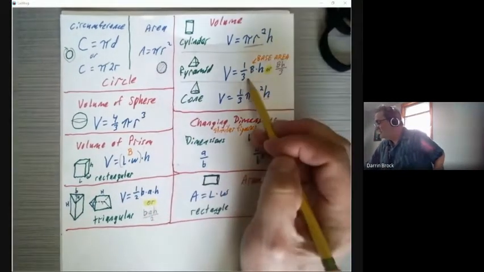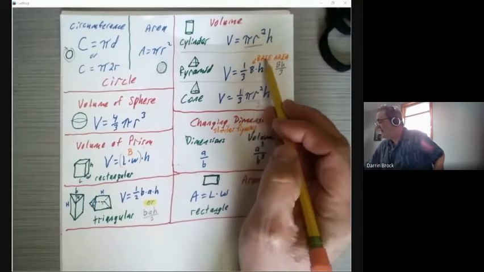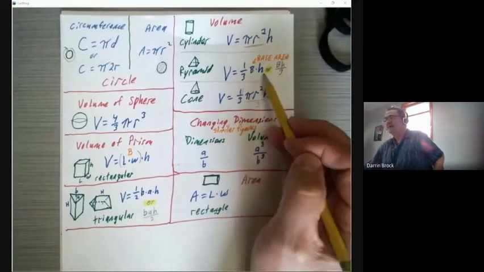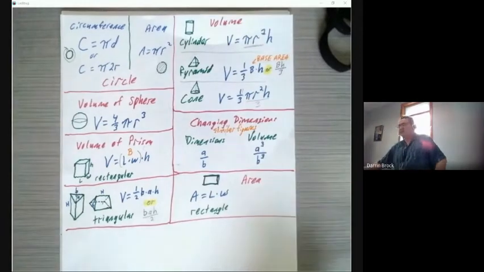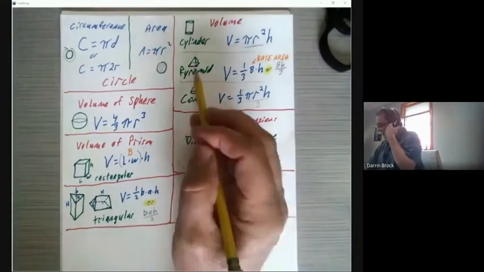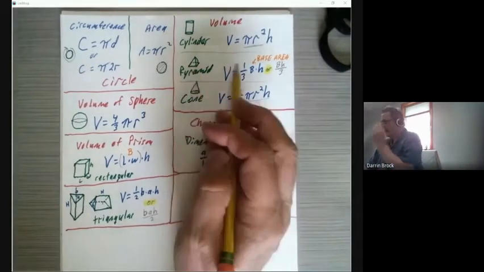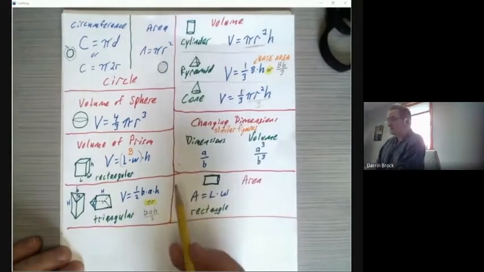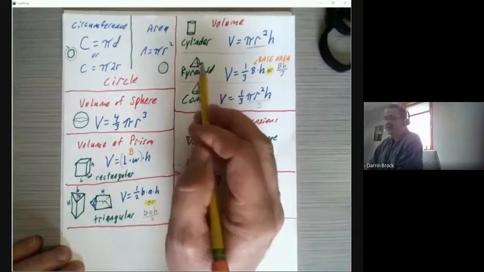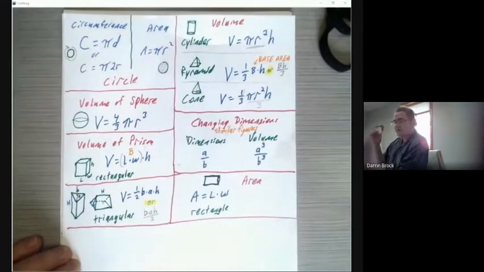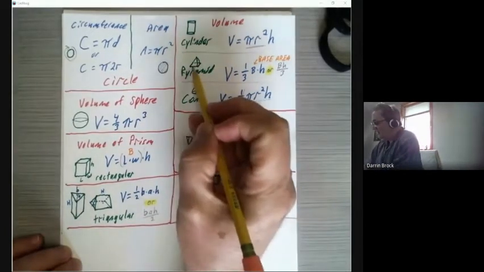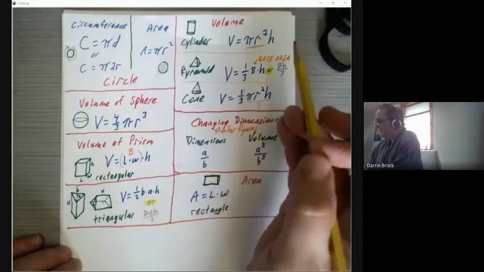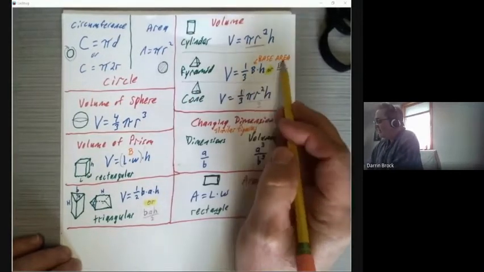Notice I did this as 1/3 times the base area times the height. The base area could be different. If it's a square, you figure the area of a square times the height. If it's a rectangle, you find the area of a rectangle times the height. If it's a triangular pyramid, which aren't as common, but they do exist, you find the area of a triangle times the height. 1/3 times the base area times the height.